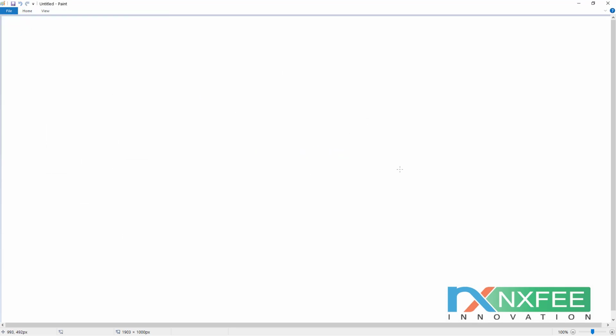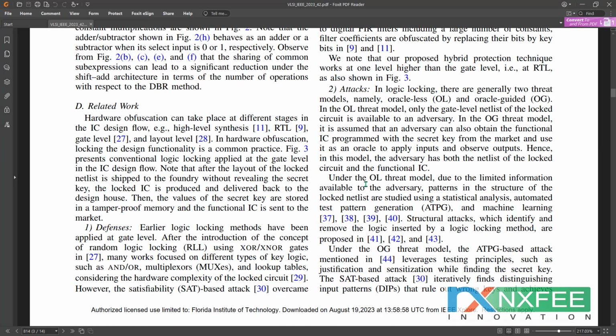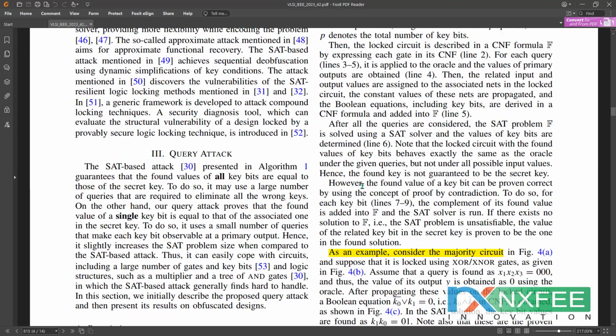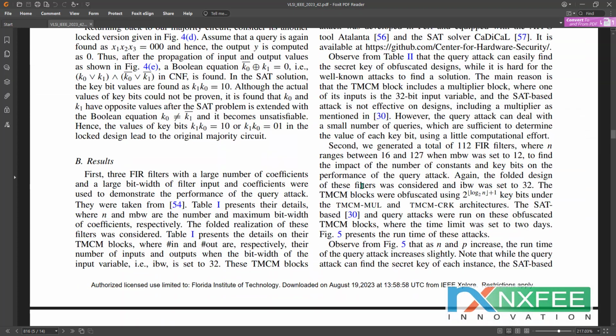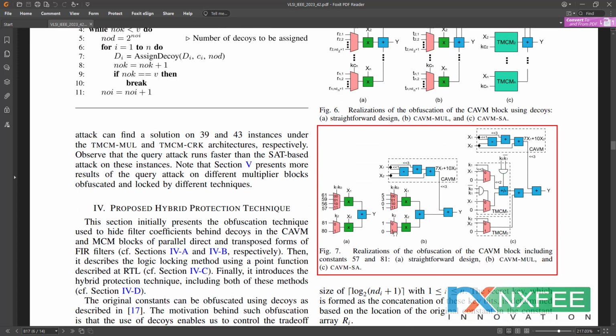So with all the coefficients, only then can we come up with the proposed architecture. So here, this is the proposed architecture. The CAVM architecture, figure 7, the realizations of applications of CAVM block including constants 57 and 81.